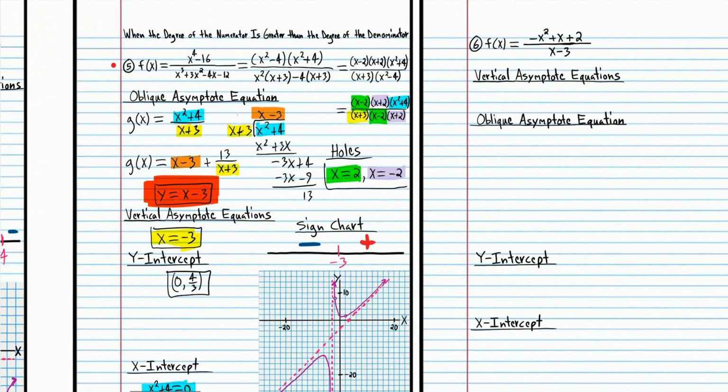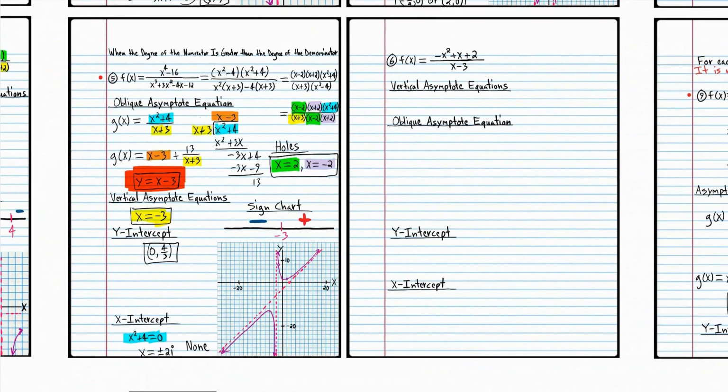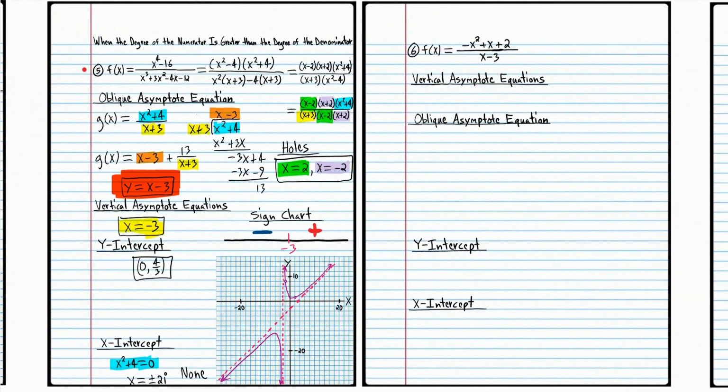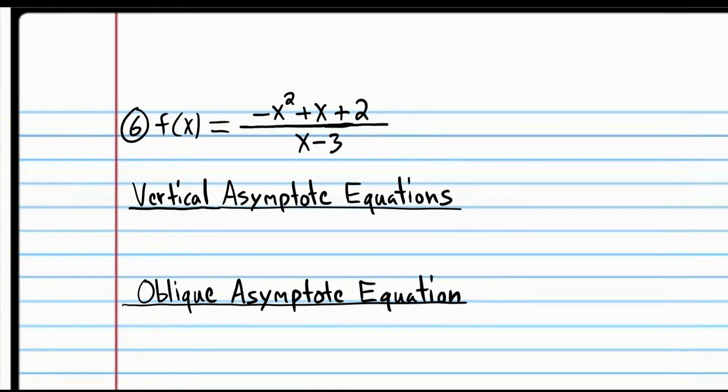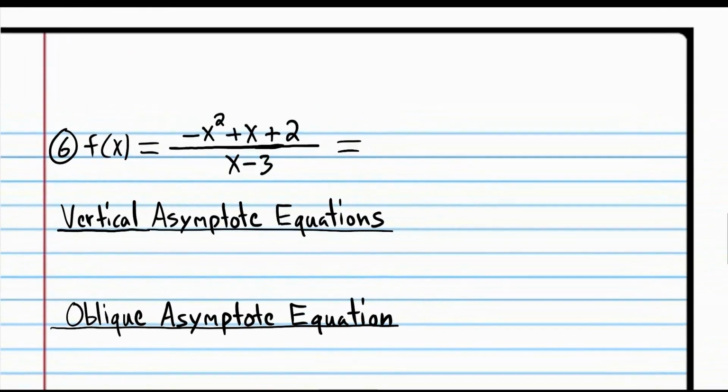Okay, so let's try one more of these problems before you try one on your own. We need to factor the numerator because we don't want to confuse a hole for a vertical asymptote or vice versa.